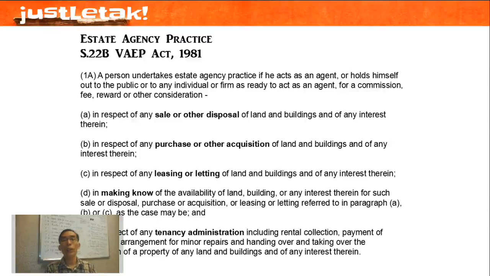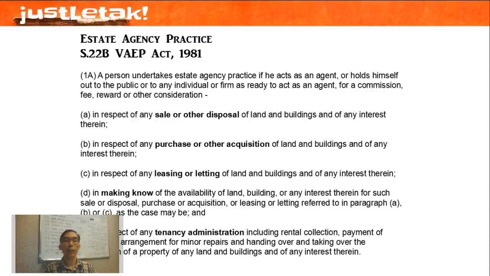So in a case where a person advertises himself to the public, using the internet or any form of media, to say that he is a house agent and he advertises the house that he is selling, then he is already acting for someone to do advertisement for real estate promotion. And real estate promotion in this particular example is for selling, in respect of any sale or other disposal of land or building.